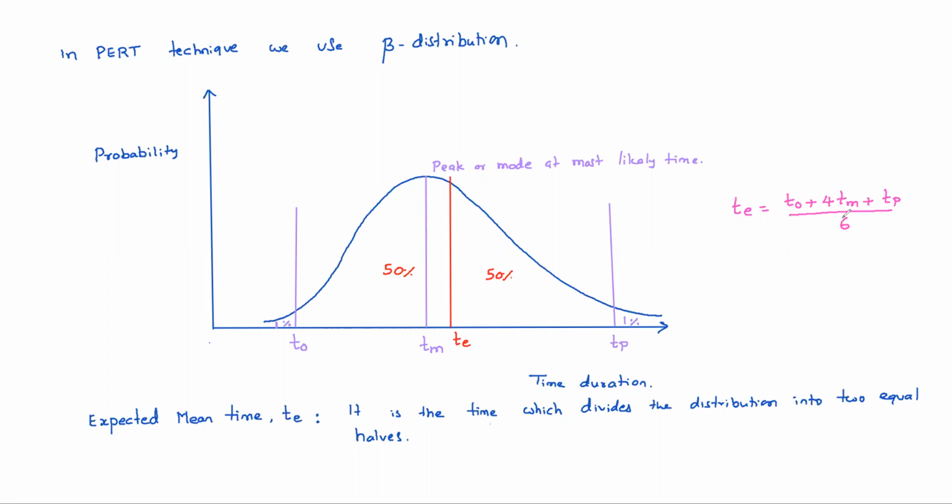Okay, you know, see 1% outside, only 1% is there means about 99%. So standard deviation will be about, see, from expected mean time. If you go 3 times of standard deviation, almost that 1% range you will get. That means from TE to TP, the gap is actually 3 times of the standard deviation.